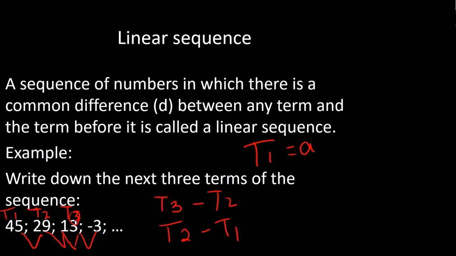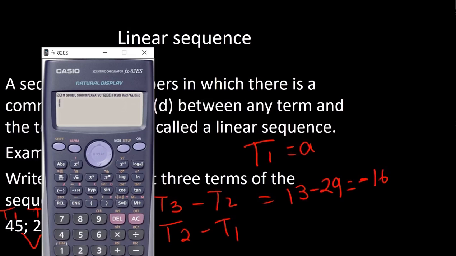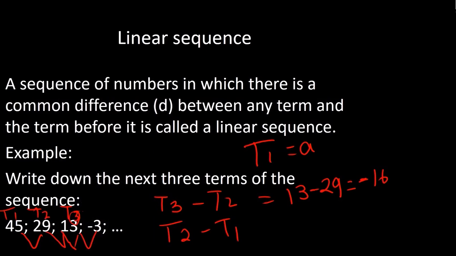So let's test it. We've got 13 minus 29, which is negative 16. What's also important, guys, is we've got to say term 3 minus term 2.